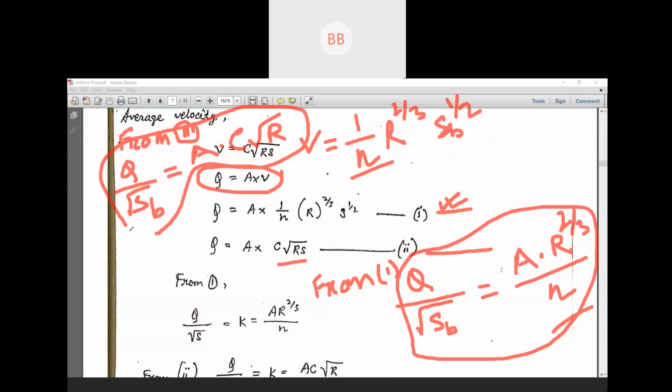So our left hand side is the same. You see in both cases our left hand side is the same.